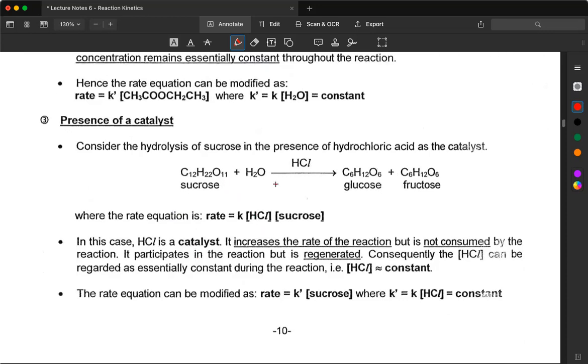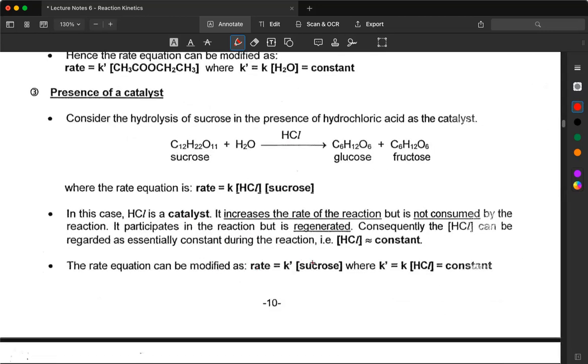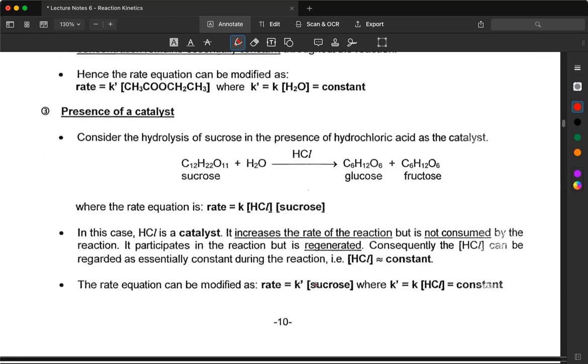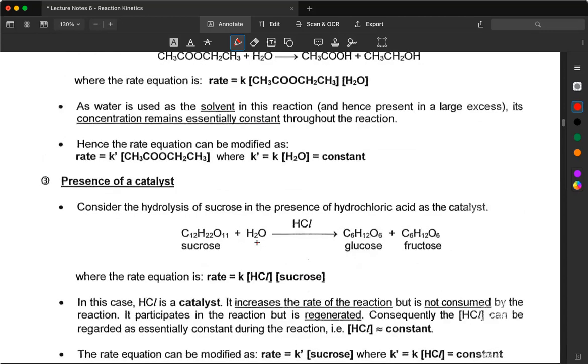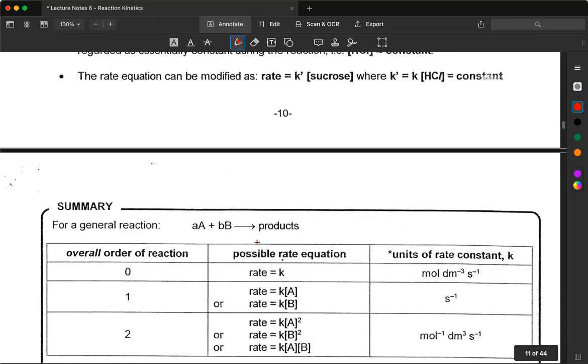So consequently, the concentration of HCl is regarded as essentially constant during the reaction. So the rate equation can be modified as rate equals to k times sucrose, not HCl, because HCl itself is a catalyst. It will keep on regenerating. So these are the 3 conditions for pseudo first order to occur.